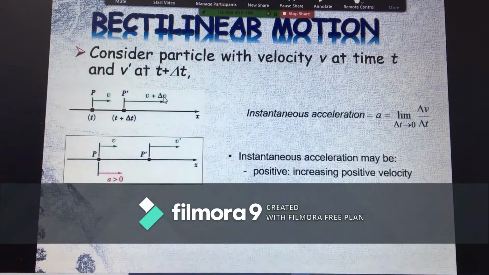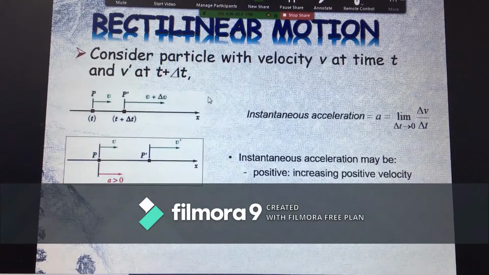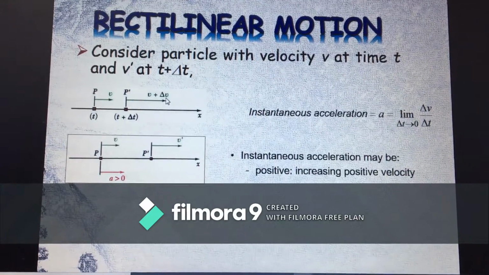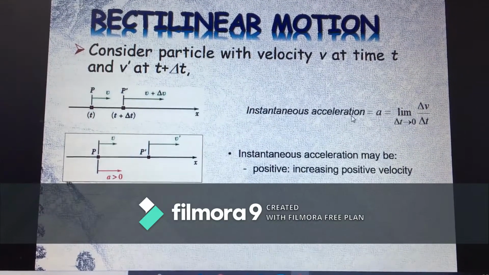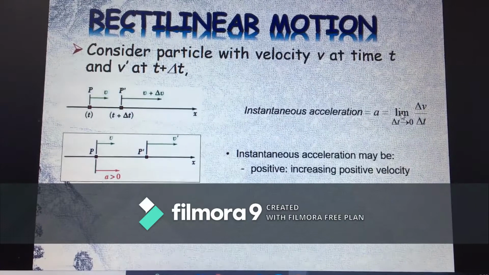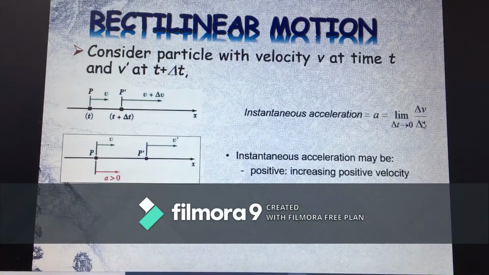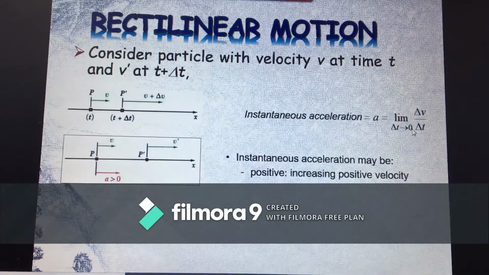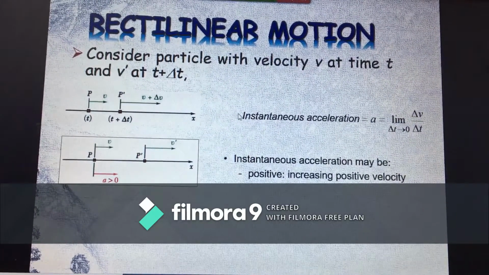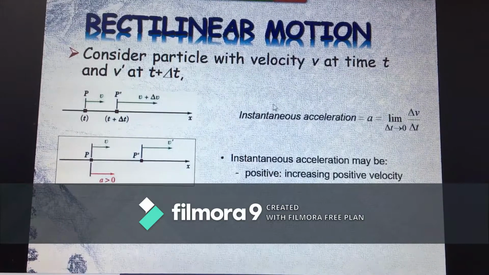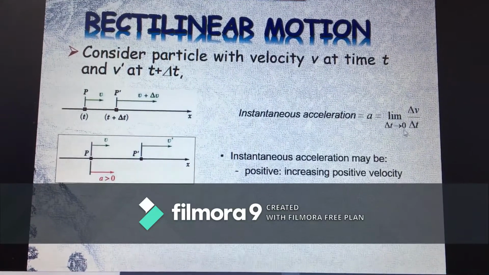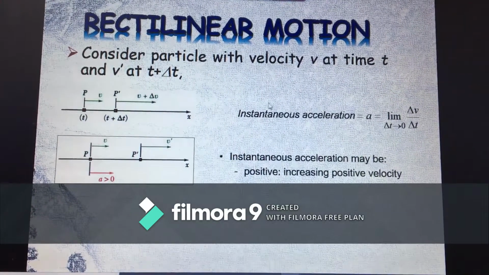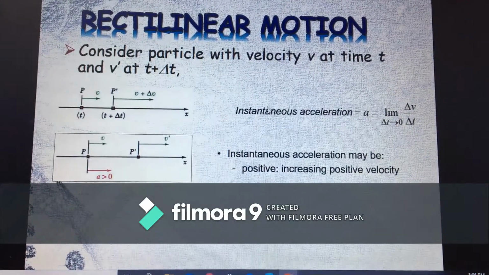Okay, so the acceleration is the change of the velocity with respect to time, and this is defined as the limit of the change of the velocity with respect to time as delta t approaches 0. This is another concept that we need to understand: where it comes from, when to use it, and how to use it.